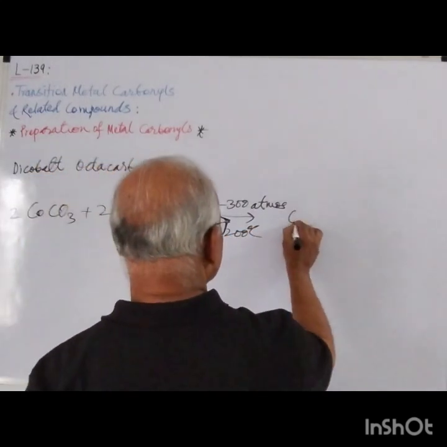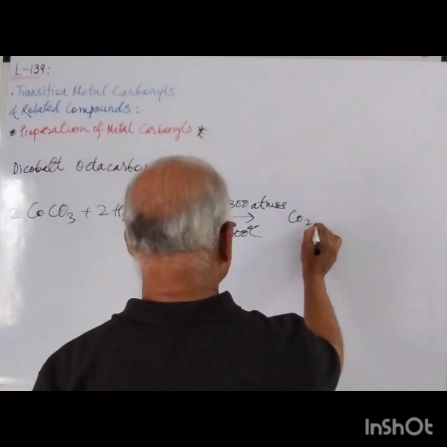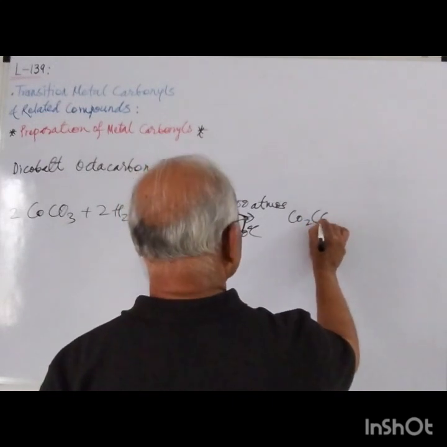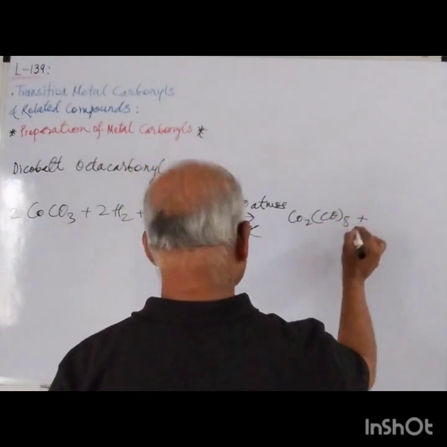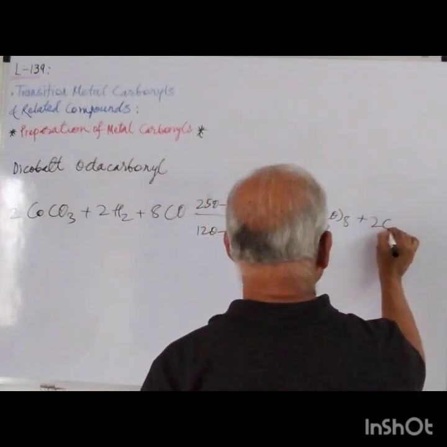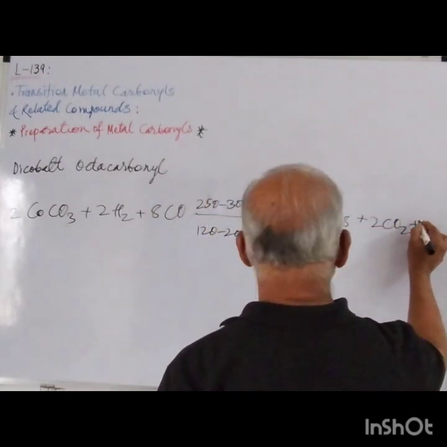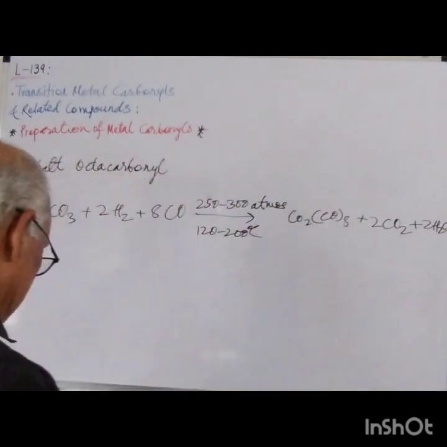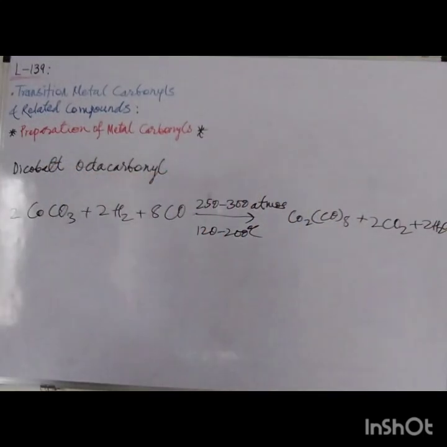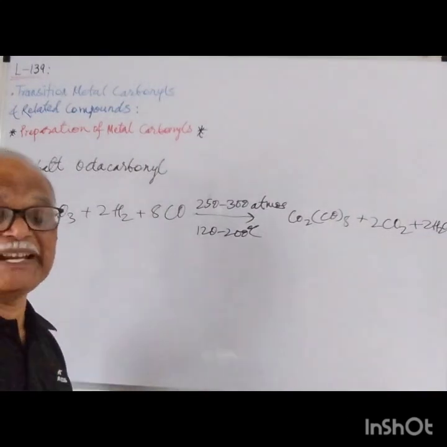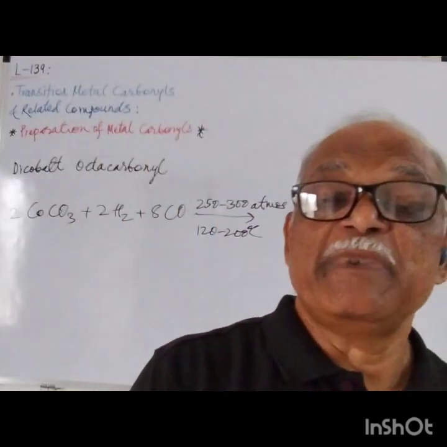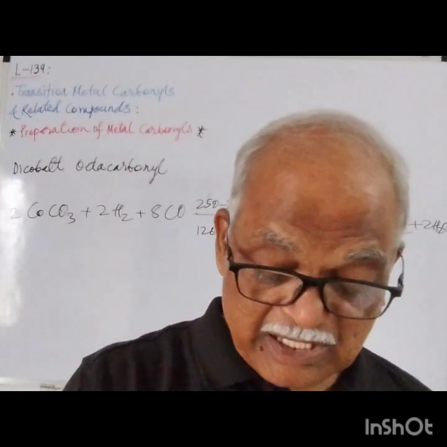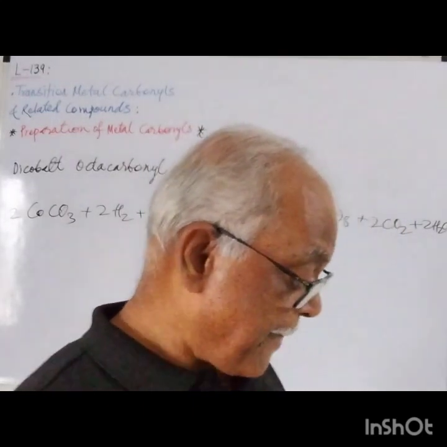So this gives us Co2(CO)8 plus 2 CO2 plus 2 H2O. So in this way we can prepare the binary metal carbonyls or binuclear metal carbonyls.